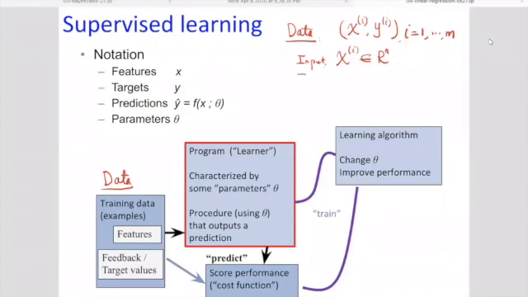The target y depends on the type of problem we have. It might be a continuous number for a regression problem, or it could be a categorical number for a classification problem. But for now, we're going to start with the regression problem, and for that reason I'm going to assume y will be a continuous number.